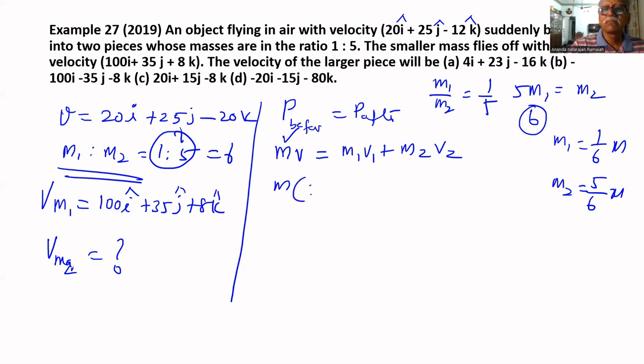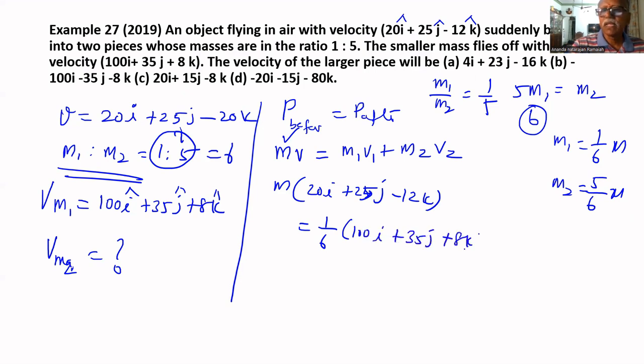Here the velocity is 20I plus 25J minus 12K equal to 1 by 6 M times V1, which is given as 100I plus 35J plus 8K, plus 5 by 6 M times V2, which we have to find.